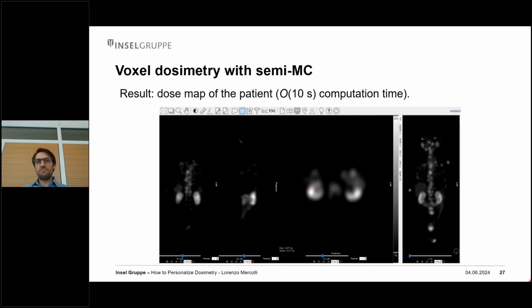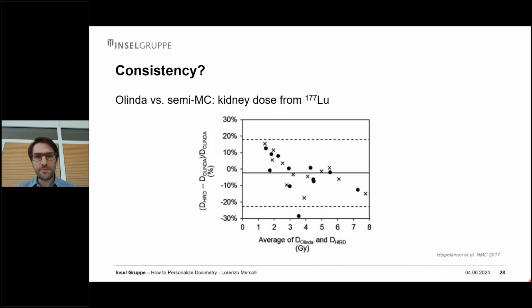Now, of course, the first thing you're going to ask is, how do these methods compare? There has been a nice comparison in the literature where they compared the Olinda dose, so the dose that is computed with a personalized or patient-specific source from images, but then the S values from the reference humans, with the semi-Monte Carlo.